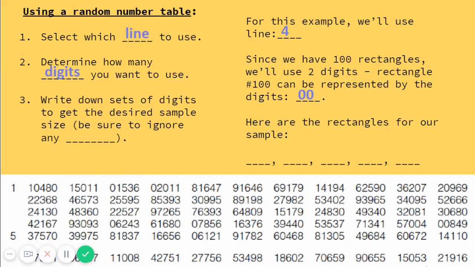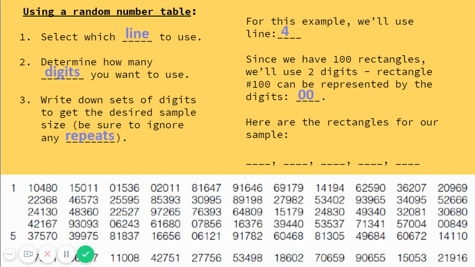We have 100 rectangles, so we will number them 01 to 99. What do we do with 100? We use 00. Now we write down the sets of digits, and of course if we get any repeat digit, then we're going to ignore that because it's not appropriate to measure an individual more than once.